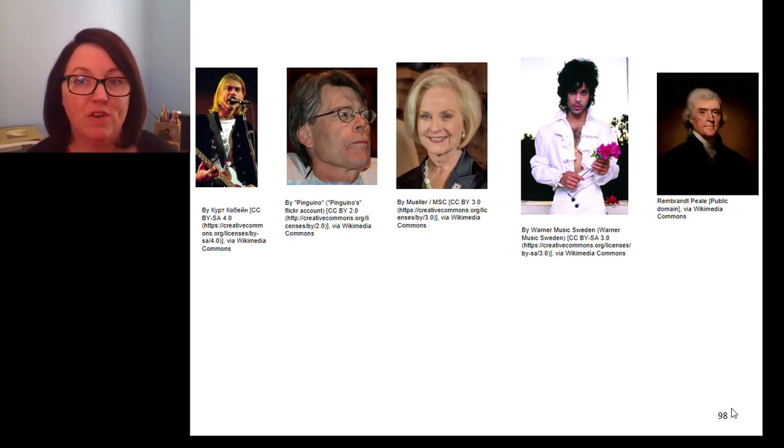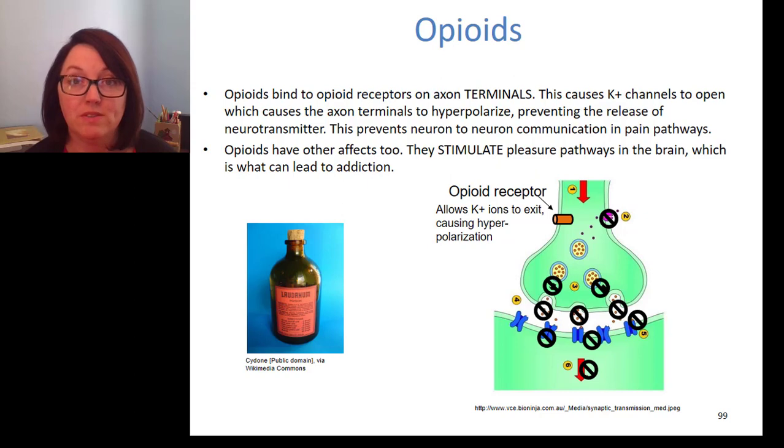That is Thomas Jefferson. So what do these five individuals have in common? I mean, obviously they're all people, but they have something else in common. And they're not all dead, right? Stephen King's still alive. Cindy McCain, still alive. Opioids. All of those individuals had an opioid addiction, right?